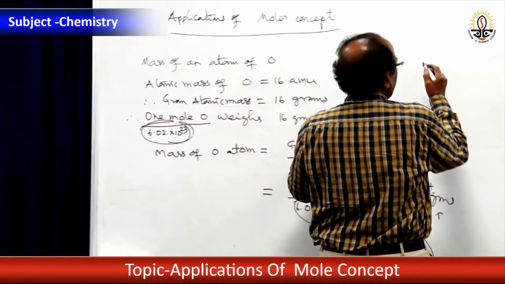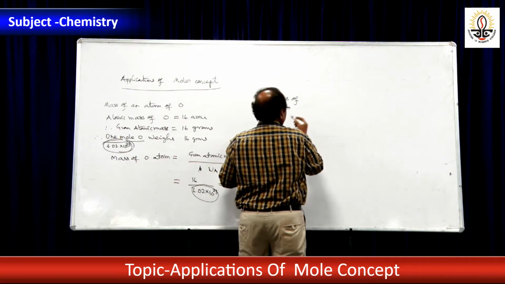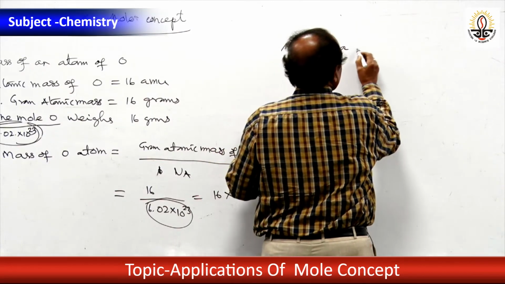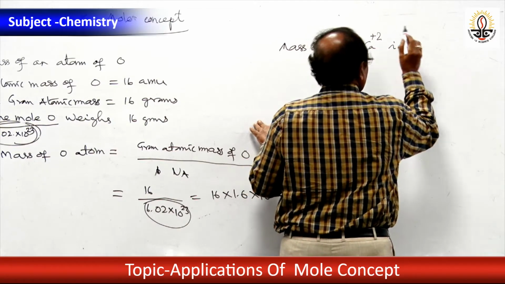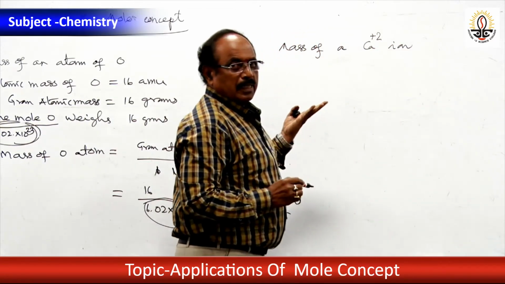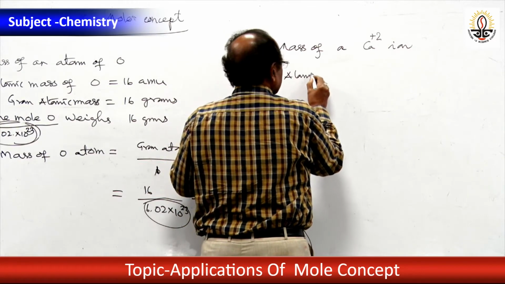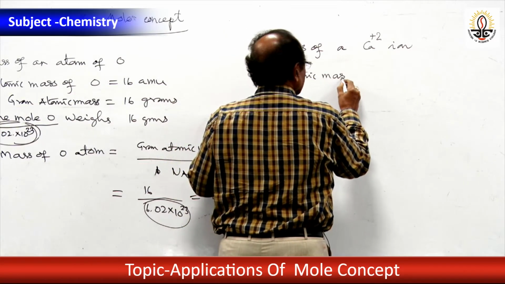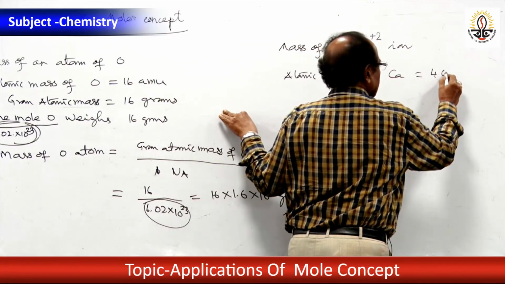So now the mass of a calcium Ca plus 2 ion, calcium ion. So the atomic mass of calcium is 40.